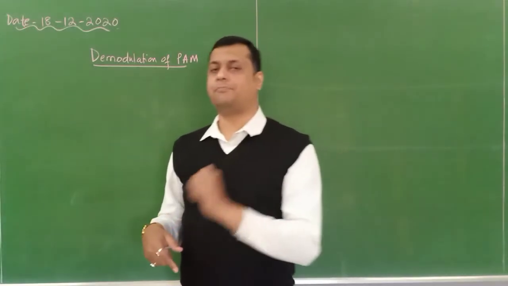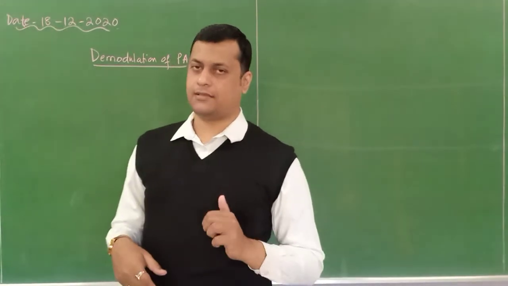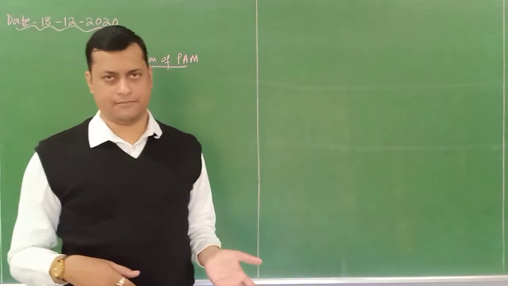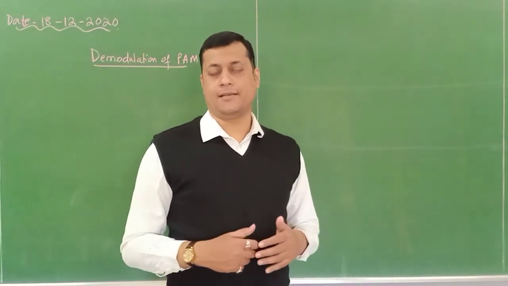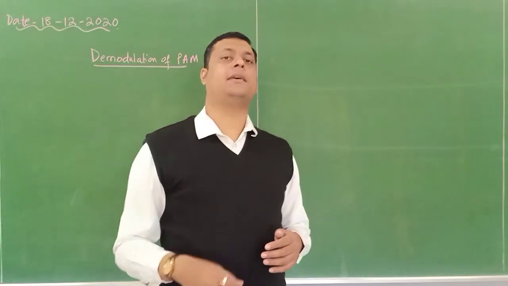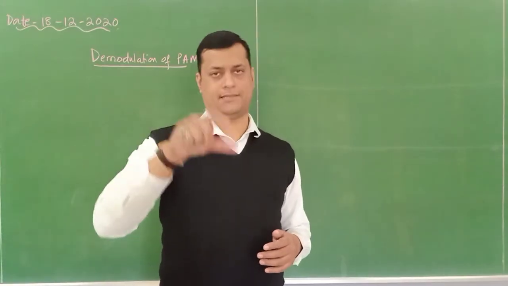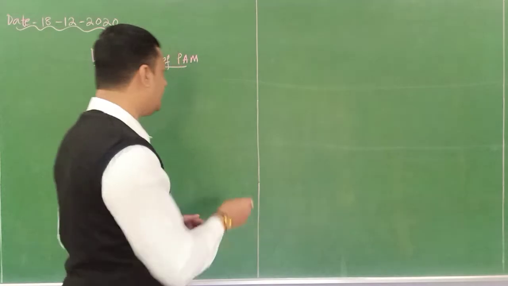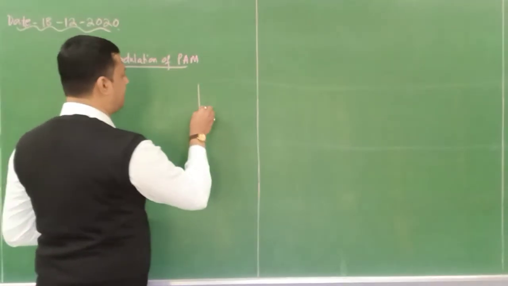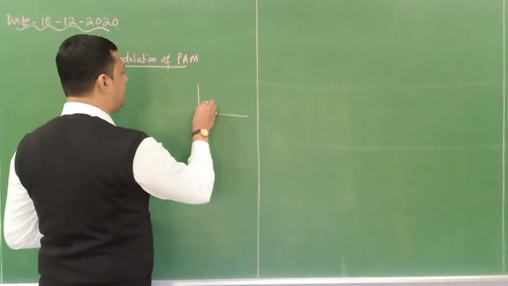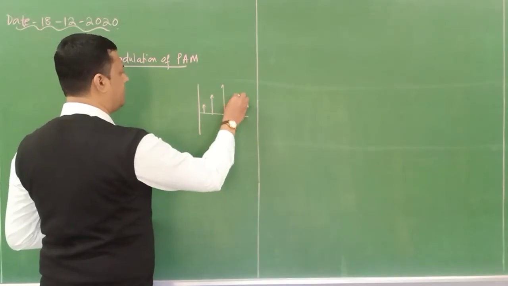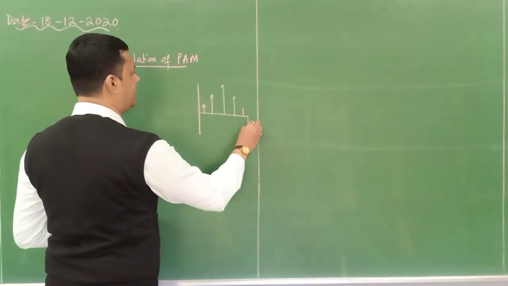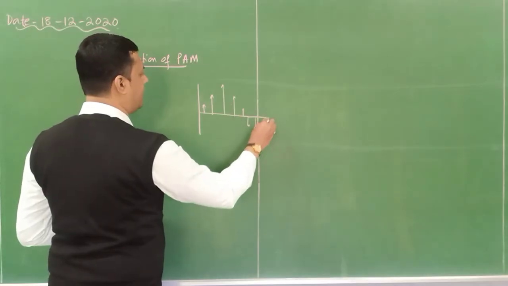Okay. Now how is this PAM signal generated? First, the instantaneous sampled signal is generated. To that impulse, you are multiplying one pulse. After the instantaneous sampling, we will get this sort of discrete value, for the positive half as well as for the negative half.